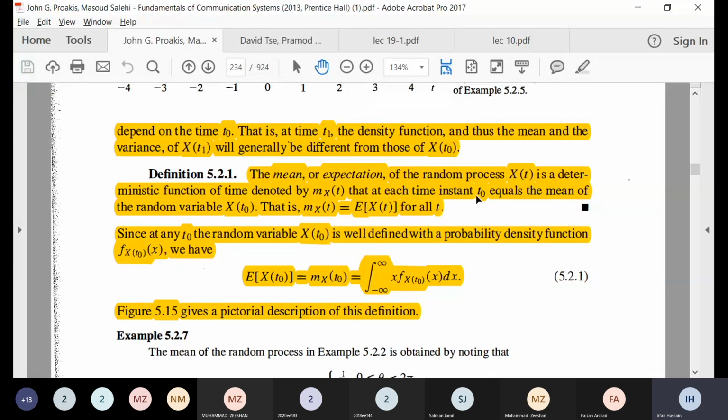And for this mean function, a deterministic function, if you fix time, you will get the mean at that fixed time or at that instant. So the mean of the random process is a function of time. It will be equal to the expectation of the random process at any time, or for all t.